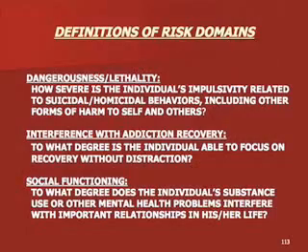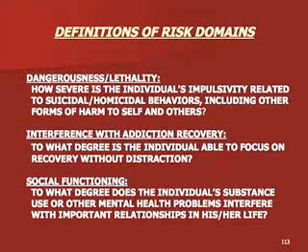One of the things you want to be able to do is take a look at all of these questions. How severe is the individual's impulsivity related to suicide and homicide? We want to know if they're going to harm themselves or other people. Under interference with addiction recovery, to what degree are they able to focus?